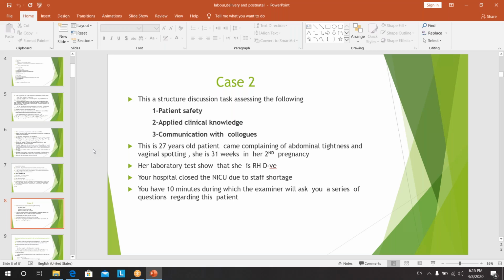And since she is an Rh negative pregnancy, I would like to also know whether she has any issues of blood transfusion, and also I would like to know about her fetal movements. How is it? And so, is it vaginal spotting, or is it fresh bleeding?